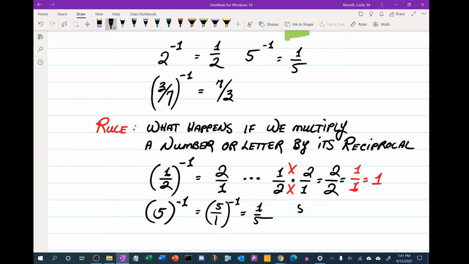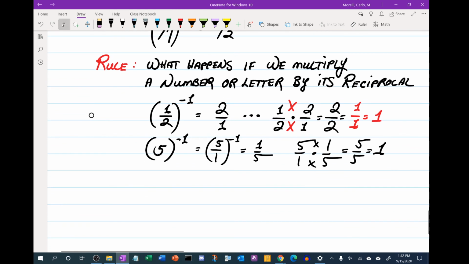So what happens if we multiply 5 over 1 times 1 over 5? Multiply across the top and across the bottom. 5 over 5. What does that reduce to? So what's the rule here? Should always equal 1? Correct. So here's the rule.